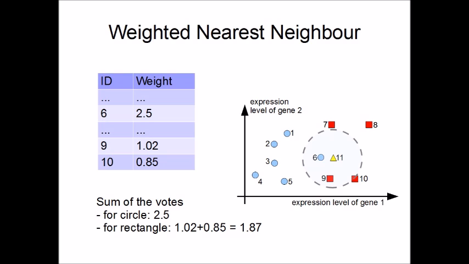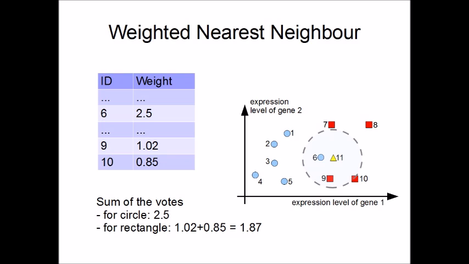Therefore, the sum of the weights for the class of circles in this example is 2.5, because only one of the nearest neighbors belongs to the class of circles, and this particular nearest neighbor, instance 6, has the weight of 2.5. Now, the sum of the weights for the class of rectangles is 1.2 plus 0.85, that is 1.87 in total.